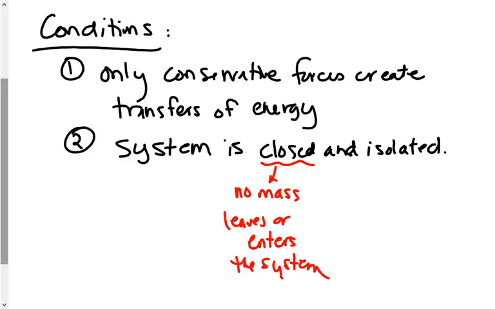So I can't magically double the size of the bob on the end of my pendulum and expect energy to be conserved. And isolated means no external forces. So I'm not talking about friction. If we're going to use the gravitational force, we need to make sure that we include the Earth as part of the system, which we do, and it's okay. Okay, we good? We got it?